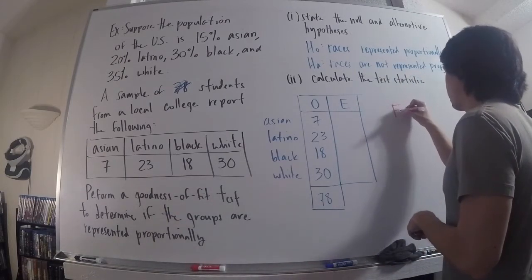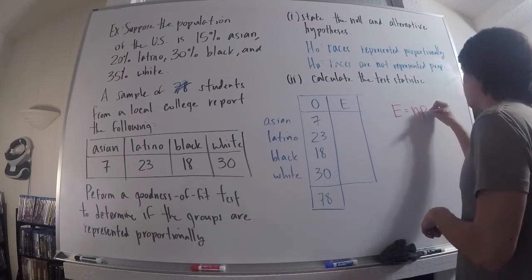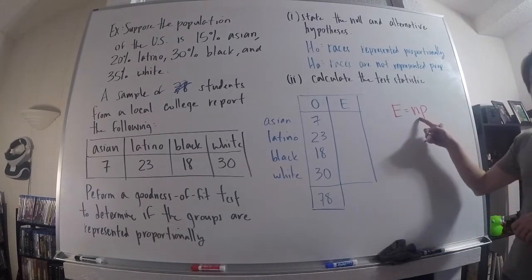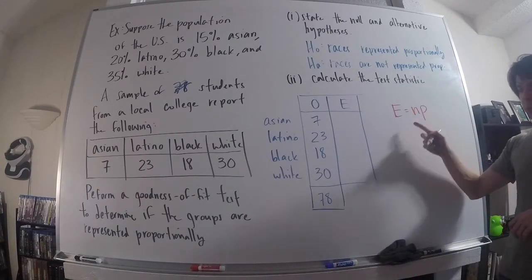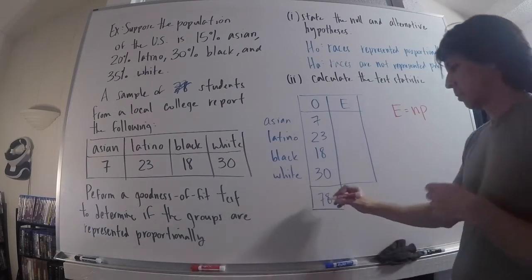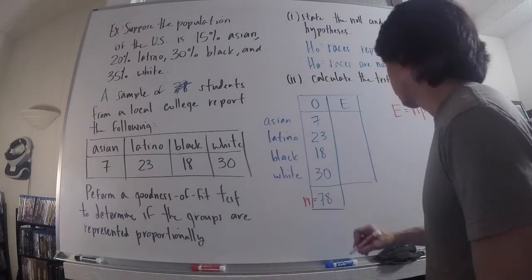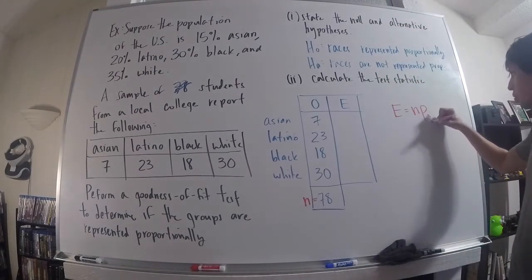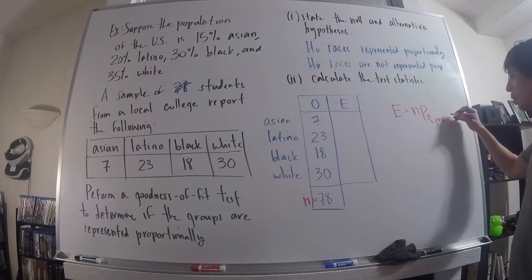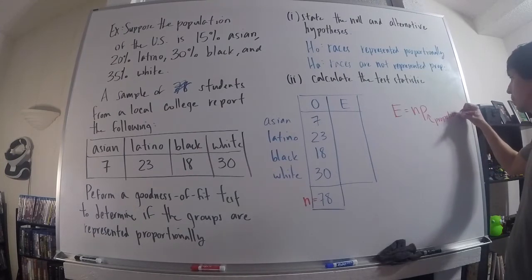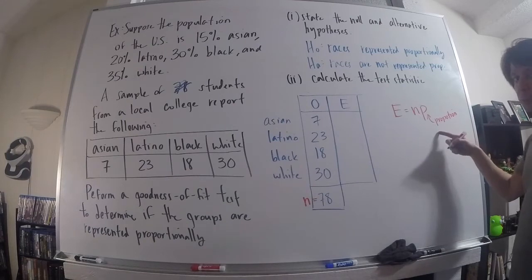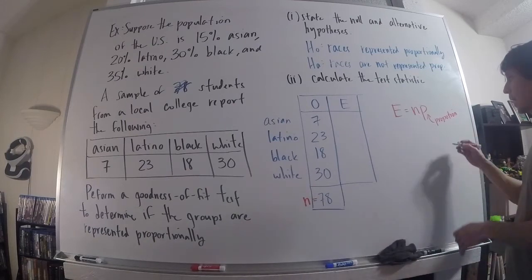The computation I mentioned was n times p. Now n is the number of points in your sample, which will be 78. N is 78. P is proportions or probabilities or percentages, however you want to think of it. It's the percentage or the proportion of that category.